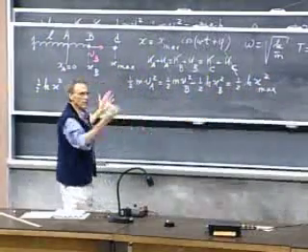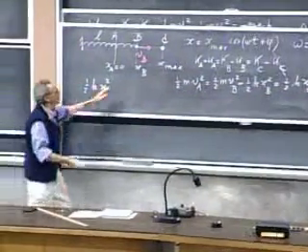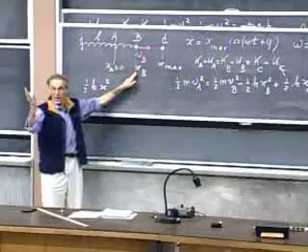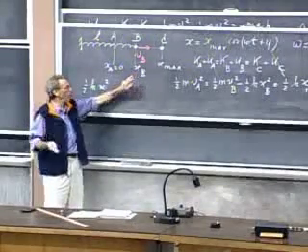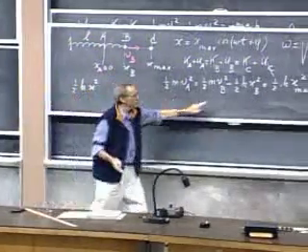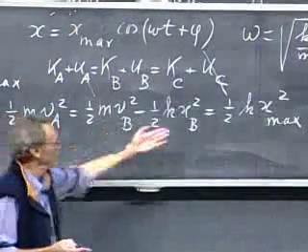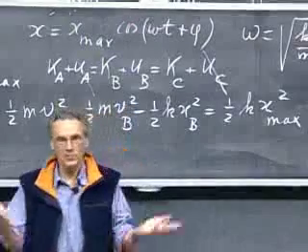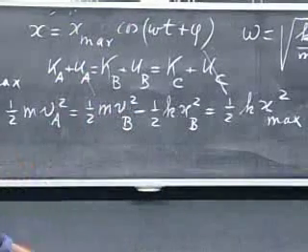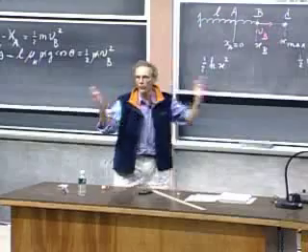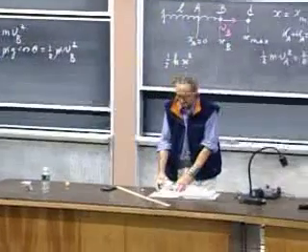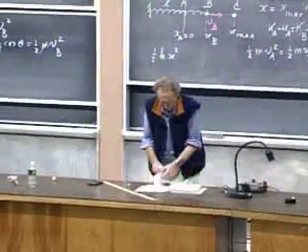And you are in business. If I tell you where the object is, with the pendulum I gave you the initial angle, theta 0, I tell you where the object is, so you know x of B. I tell you what speed I gave it, so you know this one. You can calculate what the maximum displacement is. Exactly the same idea. And if you want to apply the work energy theorem, of course, you will get exactly the same result. This is in fact the same thing.